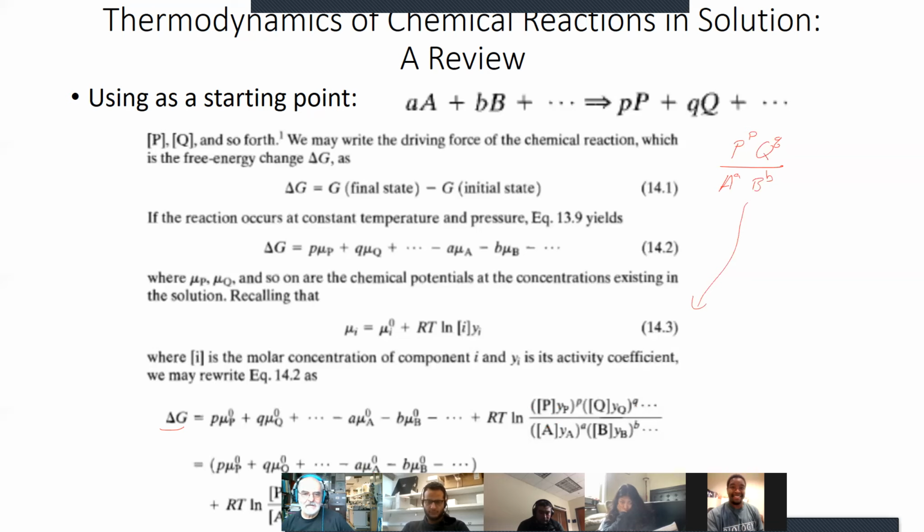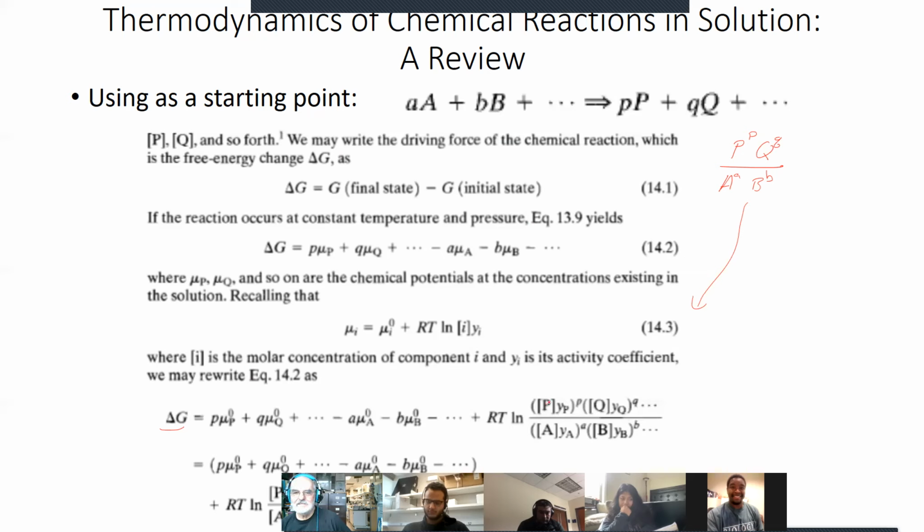If you combine all of the standard state terms, this will be the overall standard state for the equation. Then there'll be a term that involves the concentrations raised to the appropriate stoichiometry. So this will be the concentration term, and then this term can be split up, and these will be the activity coefficients.